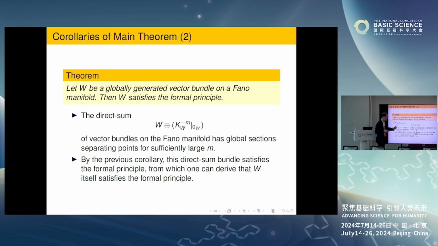The problem is that the formal principle is a non-linear problem. If you have two vector bundles satisfying the formal principle, there's no reason why the direct sum should satisfy it. For a Fano manifold, somehow you can deduce it for the anti-canonical bundle. I cannot explain the details here, but for the canonical bundle, I don't know how to do it.